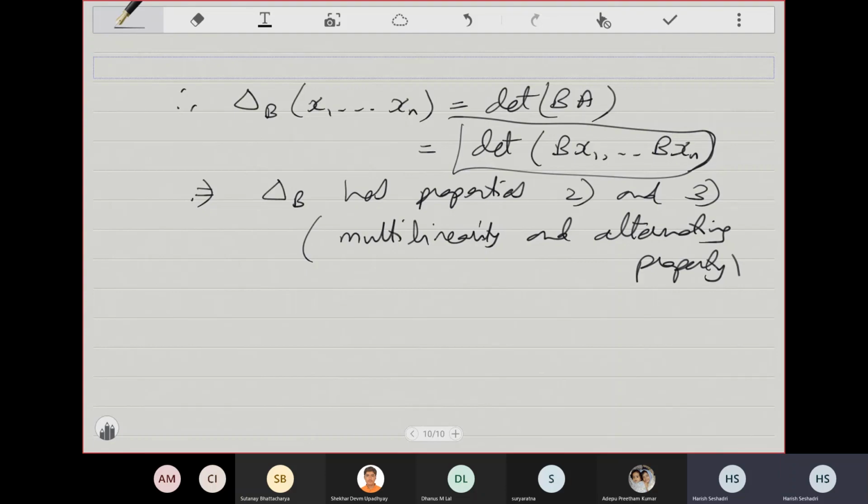If I interchange xi and xj, I'll get a minus sign, etc. Obviously, the first property will not hold. If I take the identity, then I won't get 1. I'll end up getting det B.